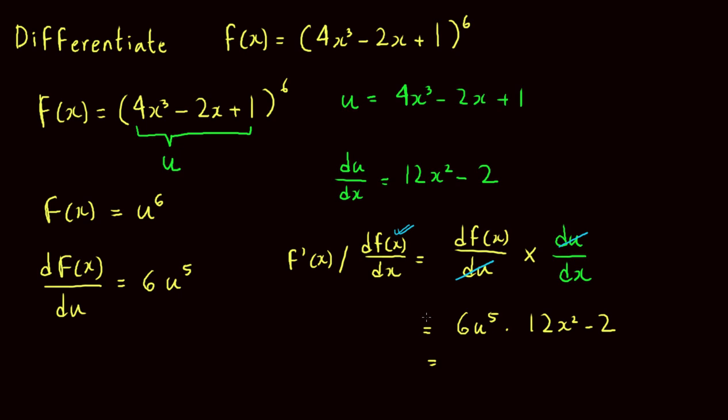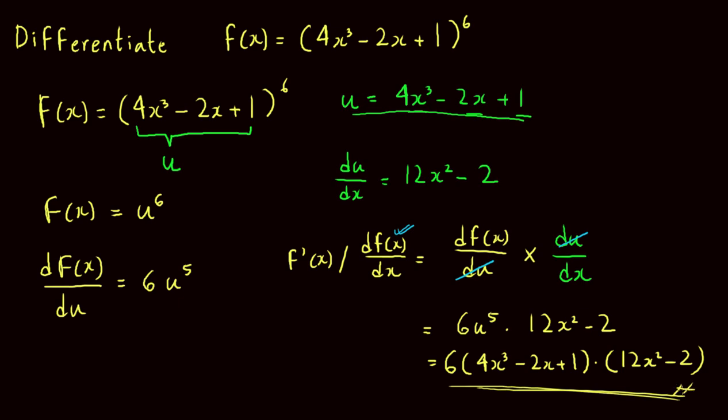Now we know that u in terms of x is this particular function right here, u equals 4x cubed minus 2x plus 1. So I'll change it back, so it becomes 6 times (4x cubed minus 2x plus 1) to the power of 5 multiplied by 12x squared minus 2.